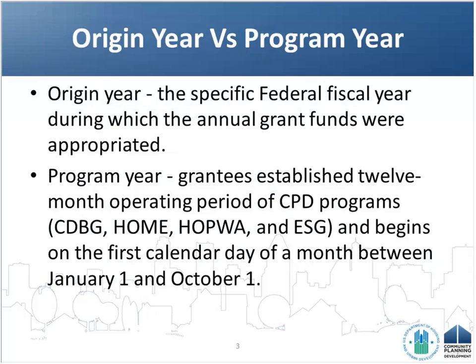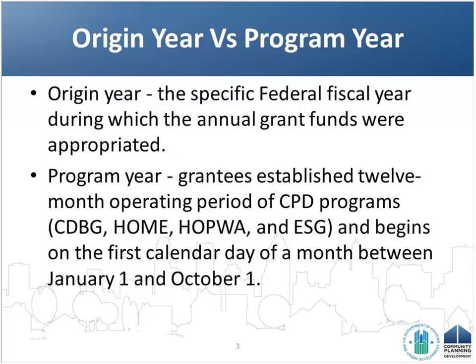The Origin Year is a new term, so what is the Origin Year? Origin Year means the specific federal fiscal year during which the annual grant funds were appropriated. And the program year is an existing term. The grantee has actually operated on a program year all along.